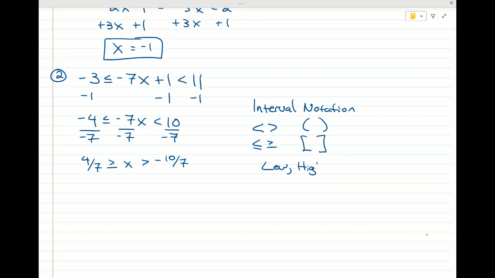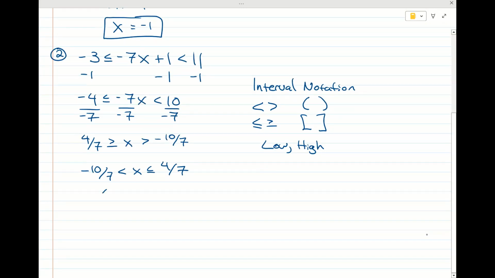The high value goes on the right. So it makes sense to rearrange this. So it just says negative 10/7 is less than x, which is less than or equal to 4/7. And then in interval notation, just negative 10/7, comma 4/7. And we put the 4/7 in brackets.